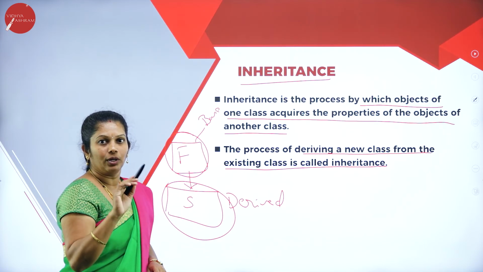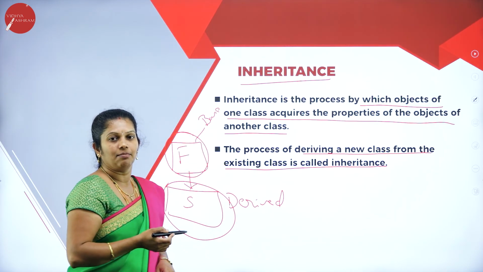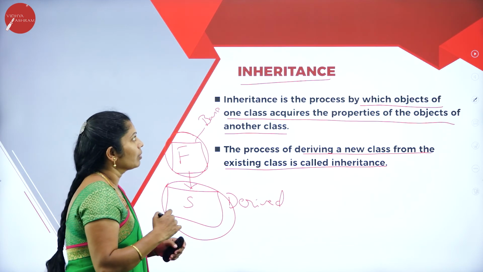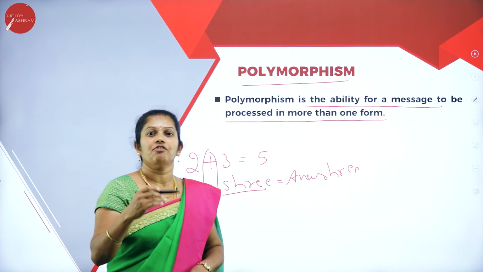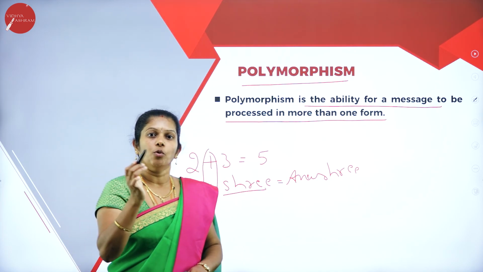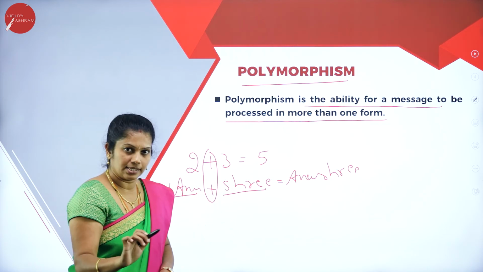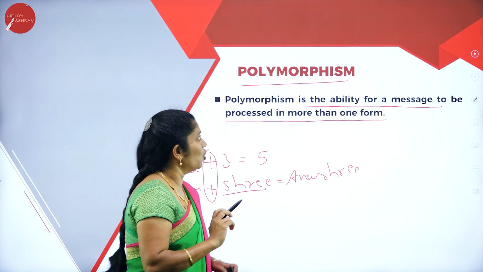The base class can be called the parent class or existing class, and the derived class can be called the new class or a child class also. Then polymorphism, the ability of a function or operator to behave in more than one form. Poly means more than one form.